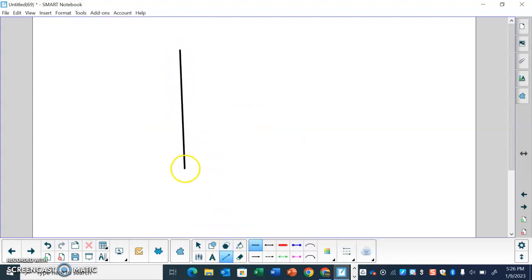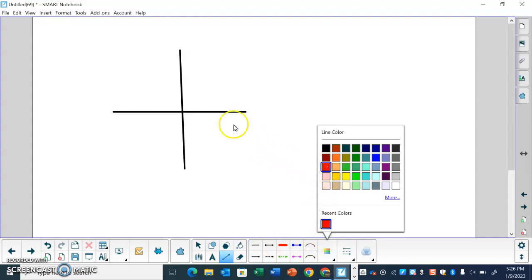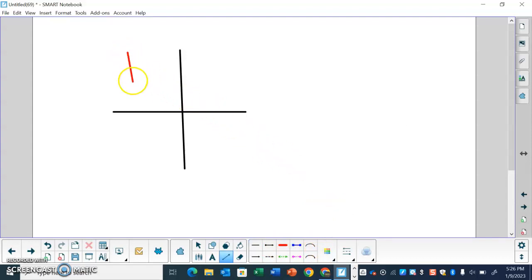So if we have a coordinate plane and we're looking at a polynomial, let's just do a simple quadratic curve.